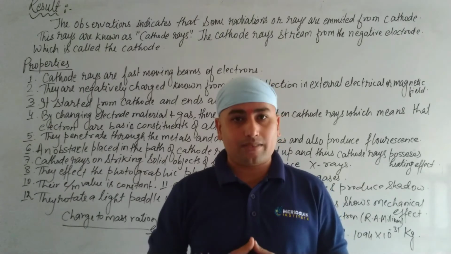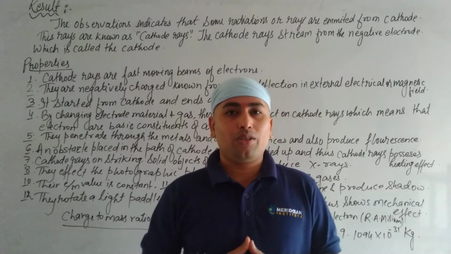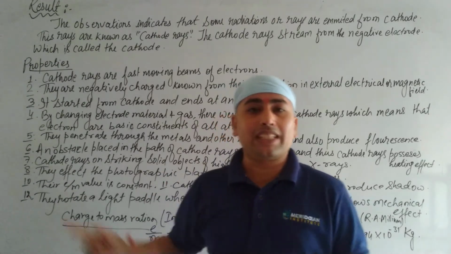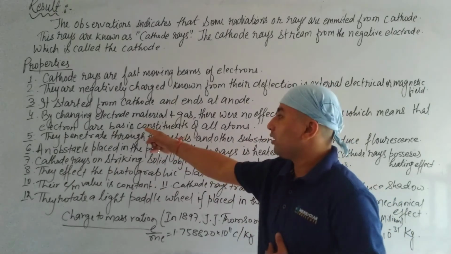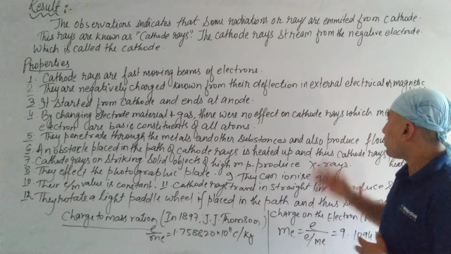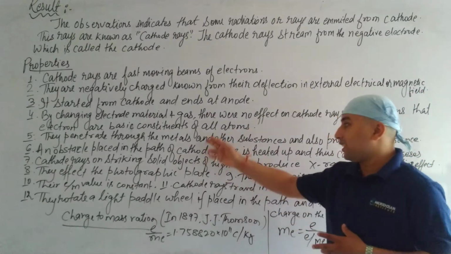This proves that any matter whose atoms are constituents of this negatively charged particle called the electron. By changing the electrode material and gases there was no effect on the cathode rays, which means that electrons are the basic constituent of all atoms.